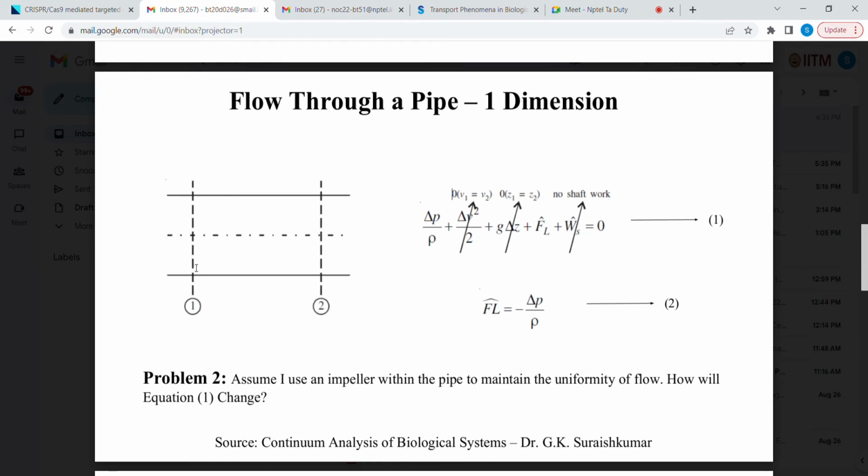Let's say that this pipe is a perfectly horizontal pipe. There is no curve, there are no complications.